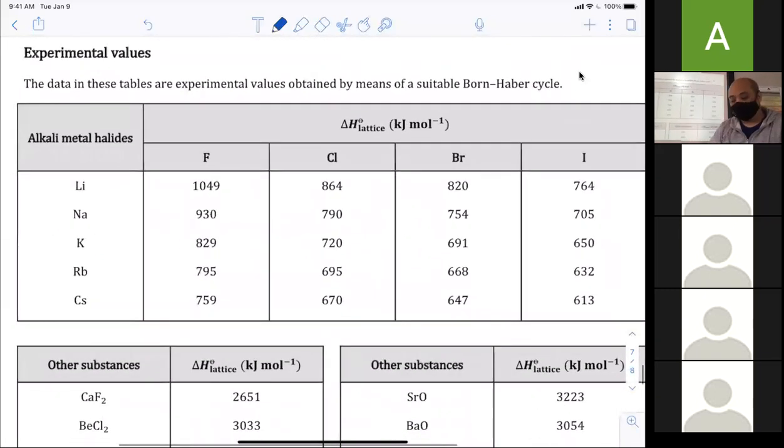But when you look at these values here, let's say you just look at the alkali metals versus the halogens. They all have the same charges. They're all +1 and -1. So what is the factor that really changes the lattice enthalpy values in this table?